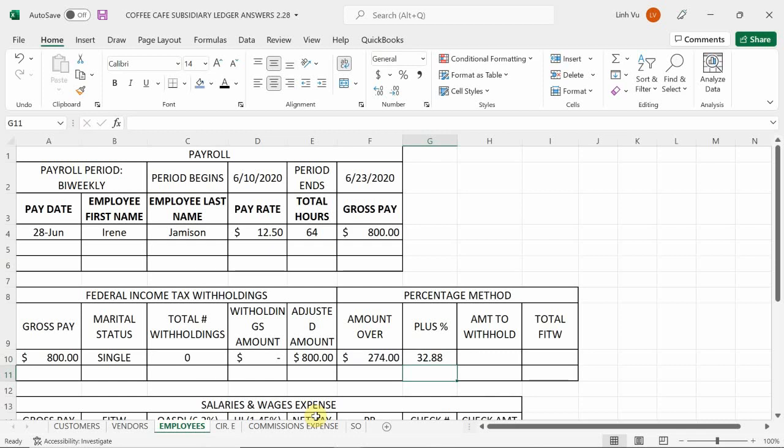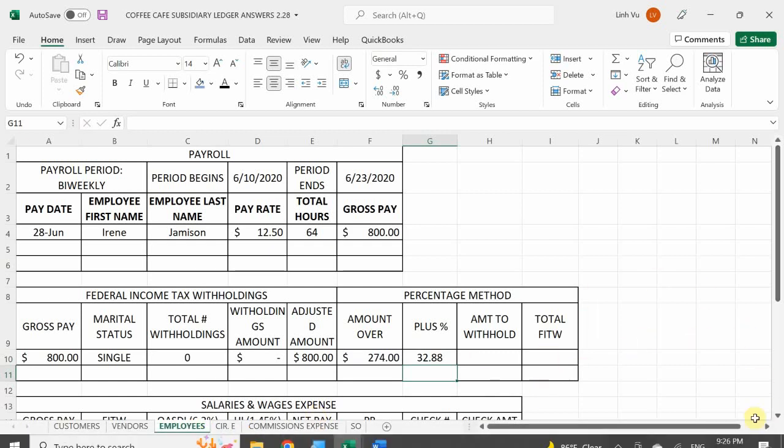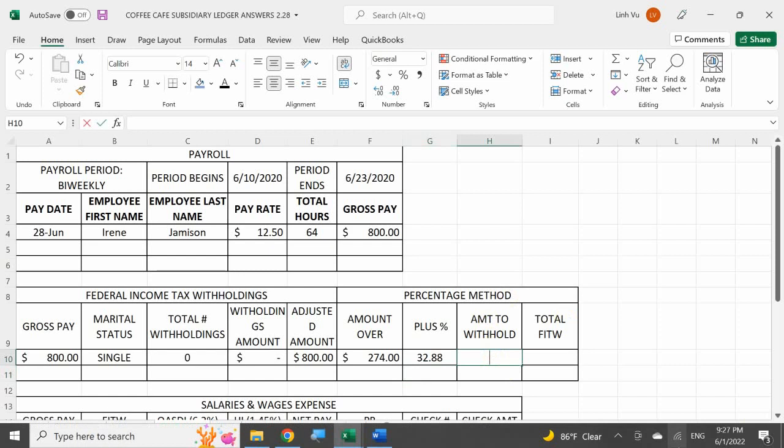So 12% of the $274 gives you a grand total of $32.88.